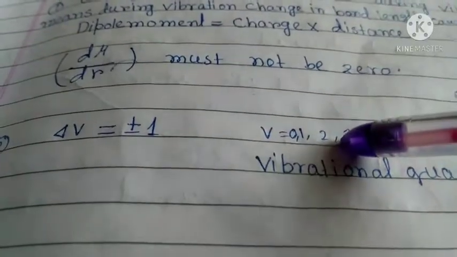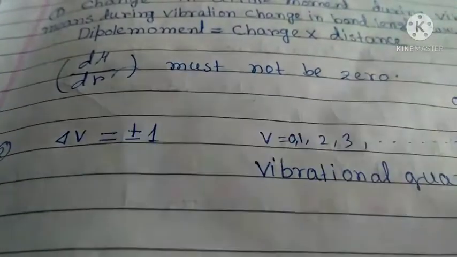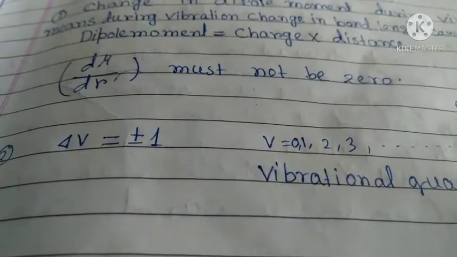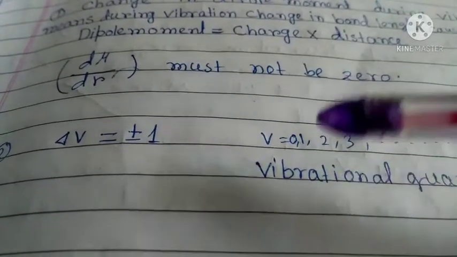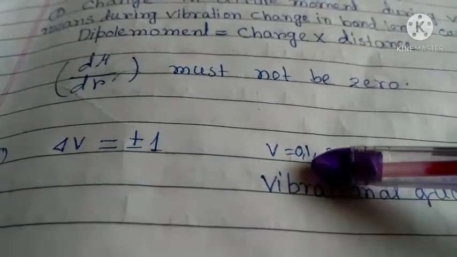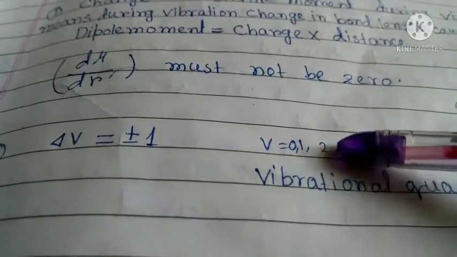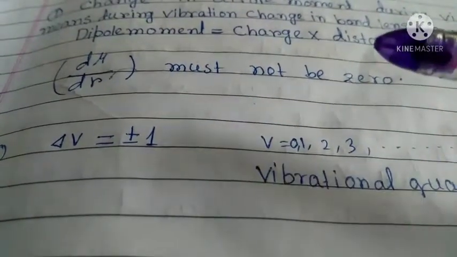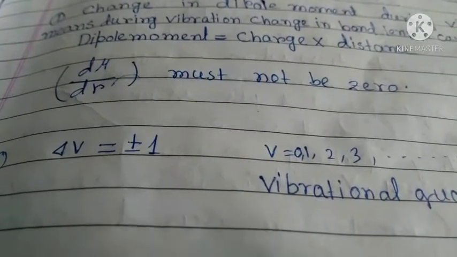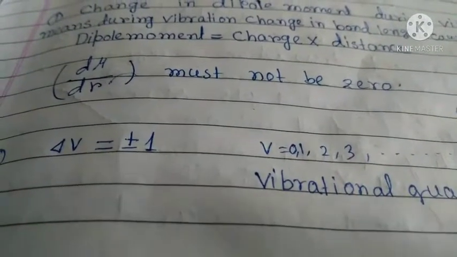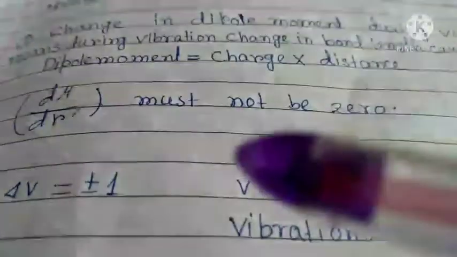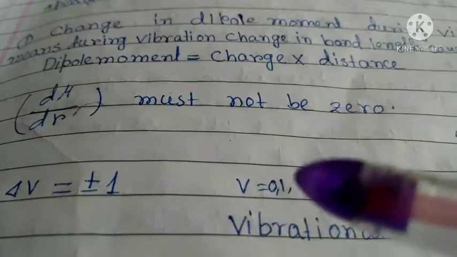But in reality those transitions are also possible, which violates the rule of the simple harmonic oscillator, because a molecule behaves like an anharmonic oscillator, which I will be discussing later in the next part of my vibrational spectroscopy video. But for simple harmonic motion, the gross selection rule is Δv = ±1.